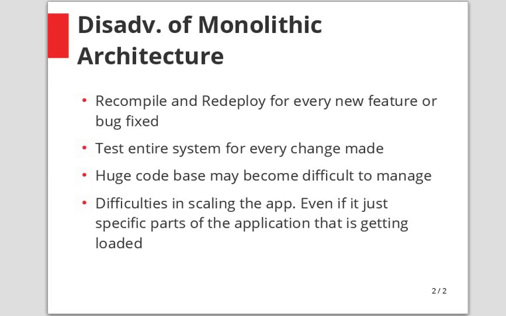So if you make a change, you will have to recompile the entire application and then deploy it again on the system. And the second disadvantage is that you have to test for every change made on the system. So if you change a particular part of the code, you have to compile the entire system and test it, then you redeploy. So that is another huge disadvantage.